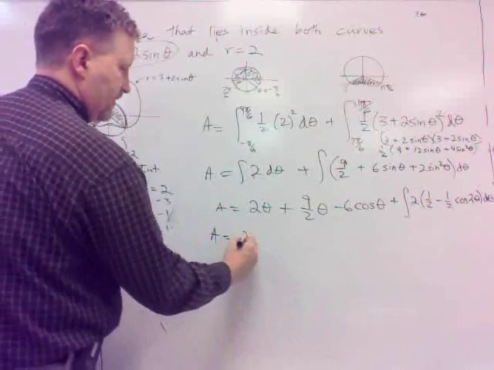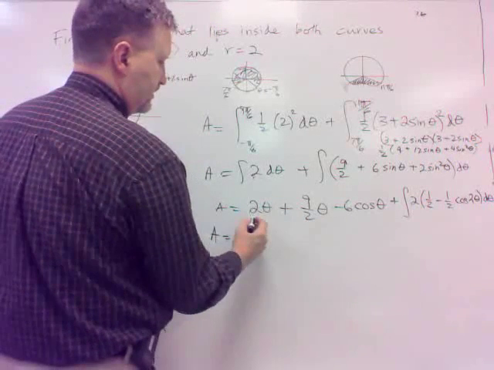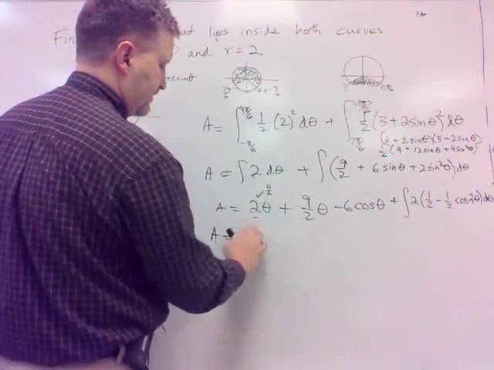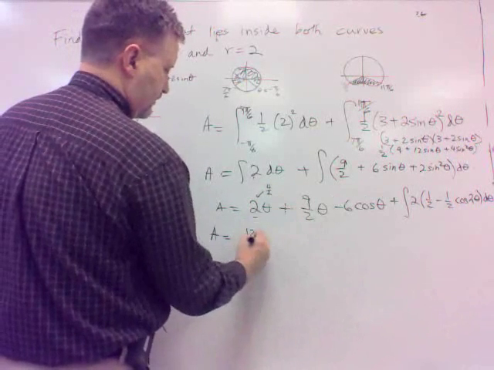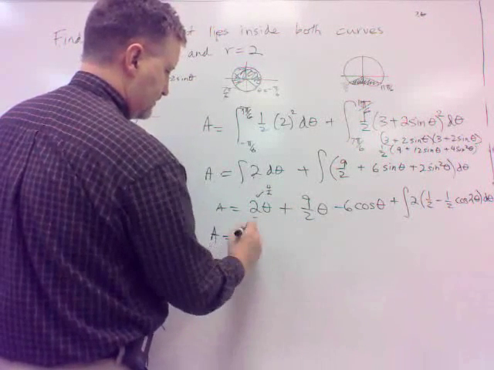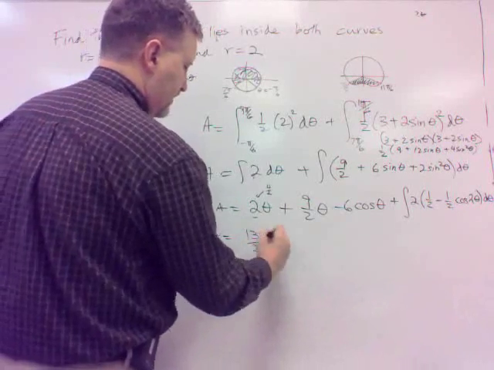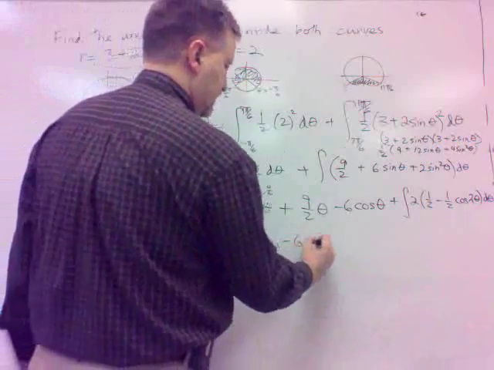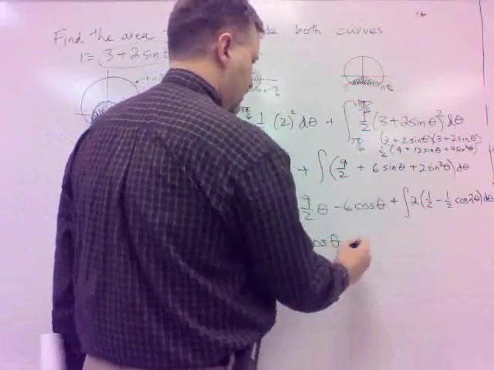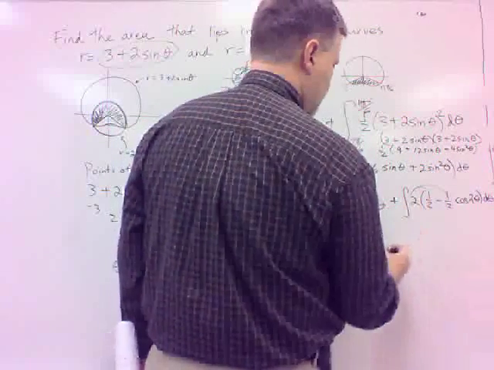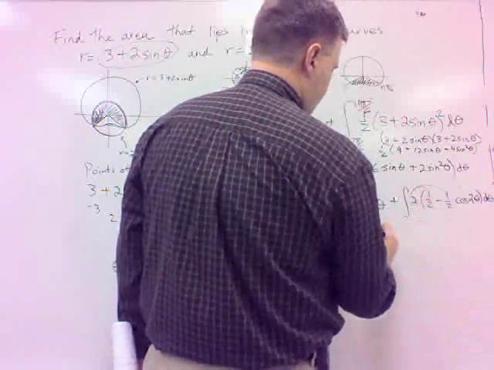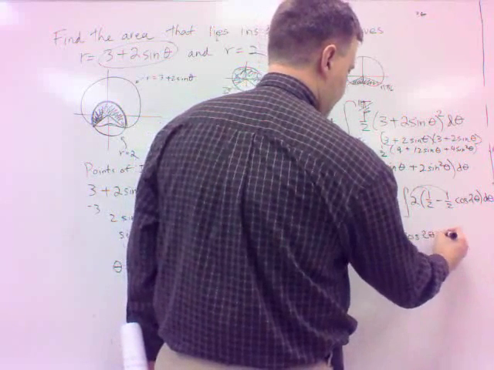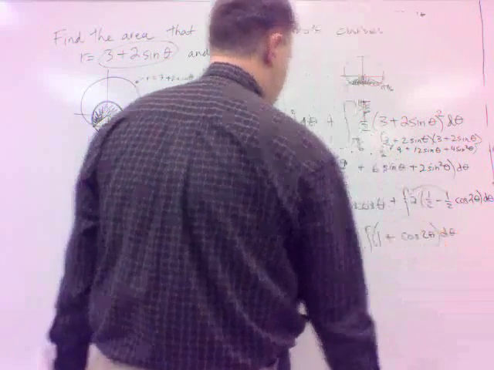All right, so we got 2, oh, well, those can combine. 9/2 plus 4 over 2, so that'd be 13 over 2 theta, I believe so. Minus 6 cosine theta. And then here, it's just the integral of 1 plus cosine 2 theta.